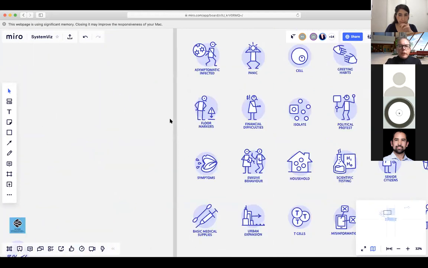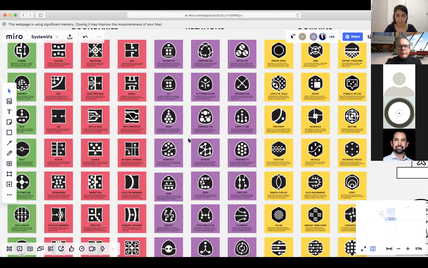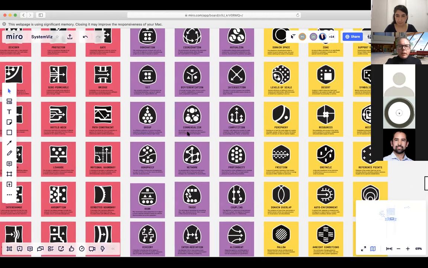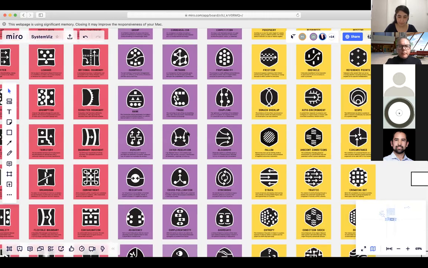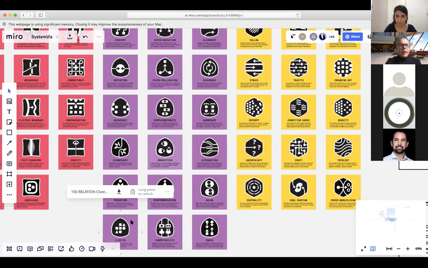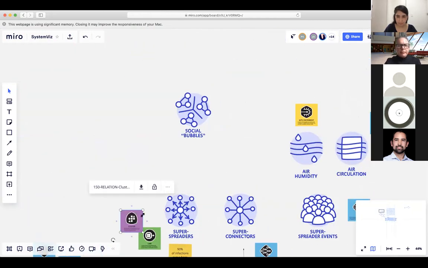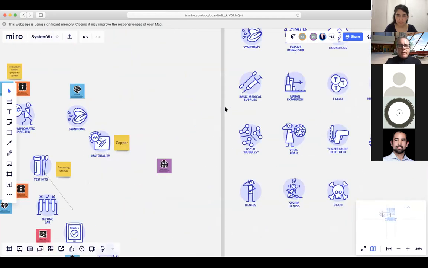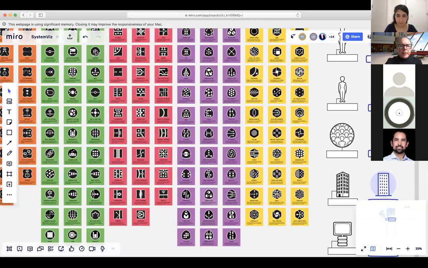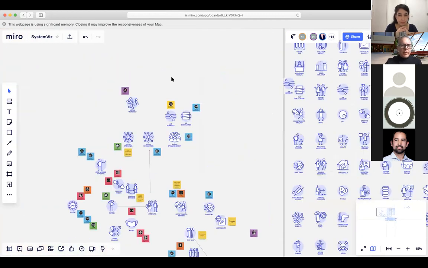So what we're doing is we are causing people to cluster in the system. And then we're building separators between that cluster and other clusters. So that's the system dynamic that we're creating.